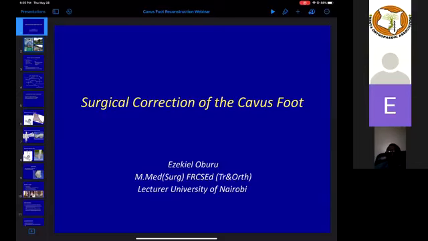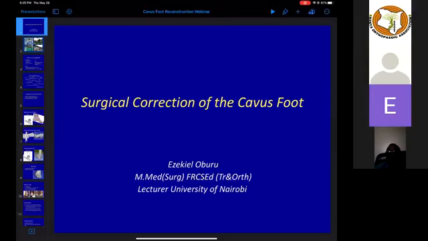Someone is asking, would flexibility of the hindfoot determine the procedure, that is, osteotomy versus arthrodesis? Yes, that's what I said. You determine how flexible it is, especially at the subtalar joint, and that will determine the procedure.